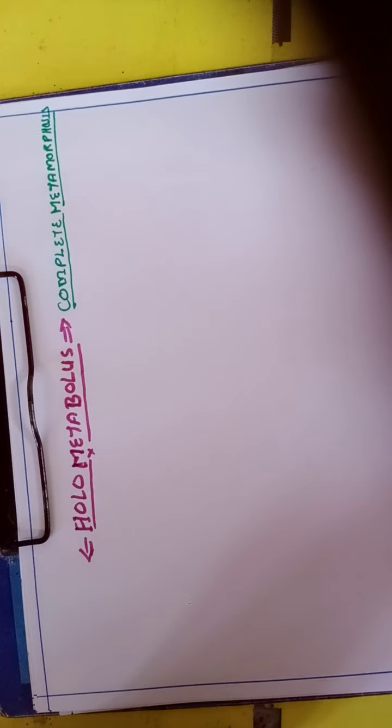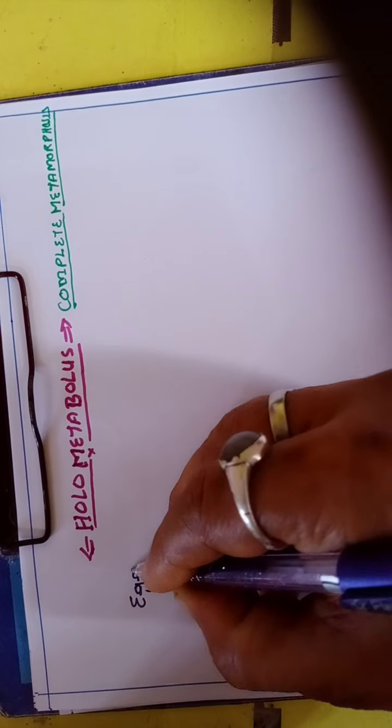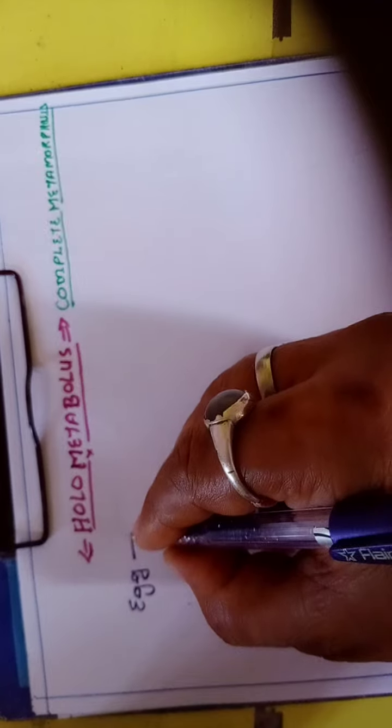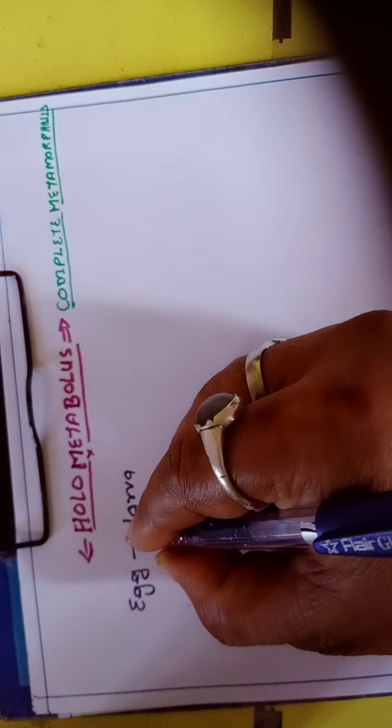That's why it is known as holometamorphosis. So what is the meaning of complete metamorphosis? If the word complete or holo is given, it means larva is present. So in their development, how many stages here? Egg changes into larva. It means egg makes larva.